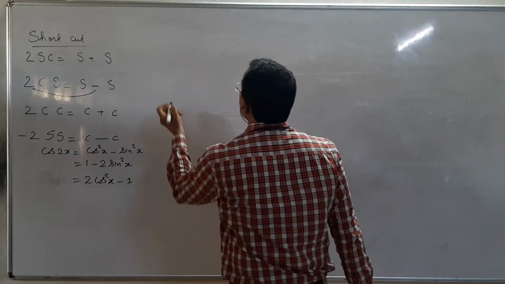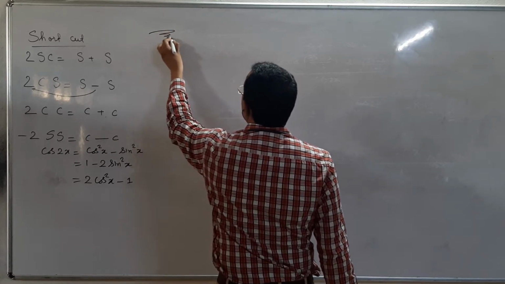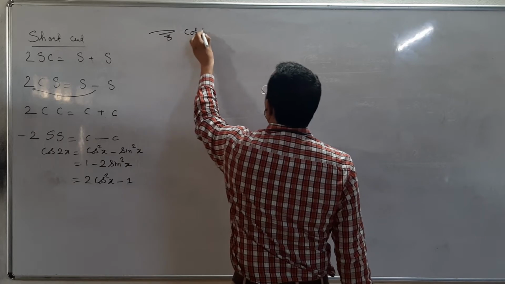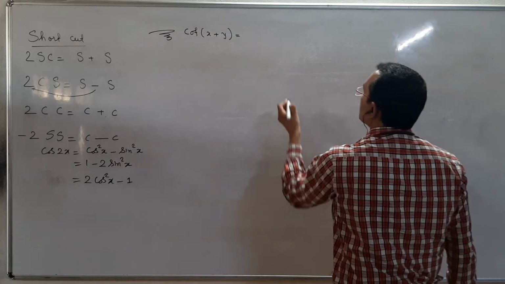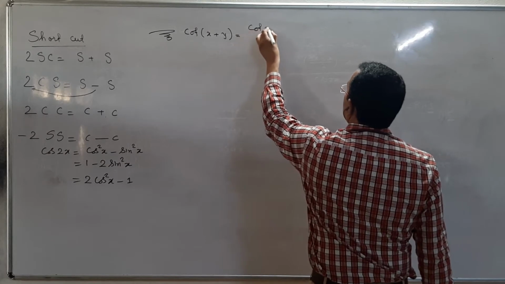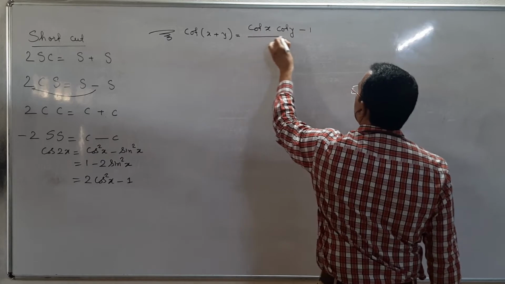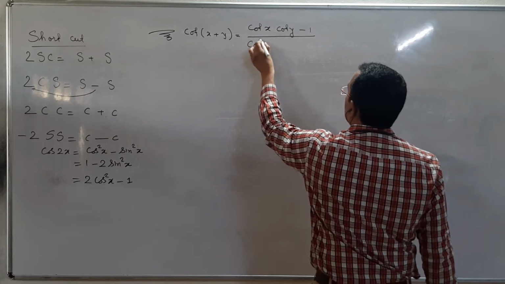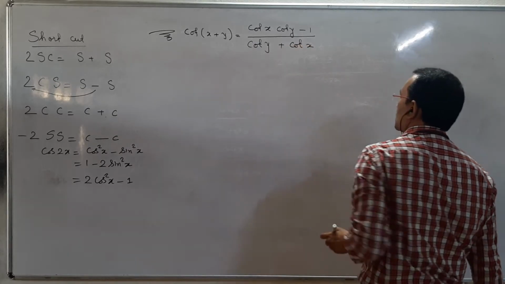Students, this formula we have already studied. Cot of x plus y is equal to cot x cot y minus 1 upon cot y plus cot x.